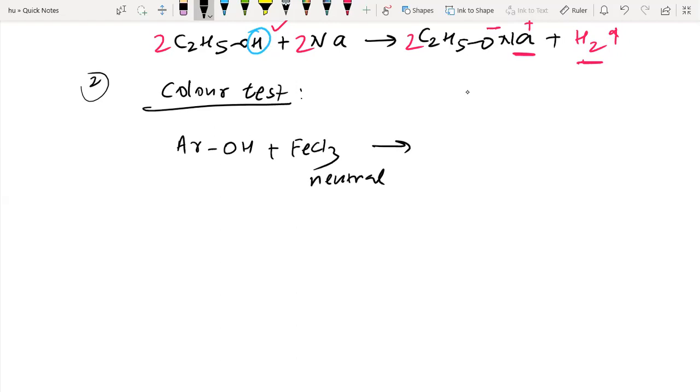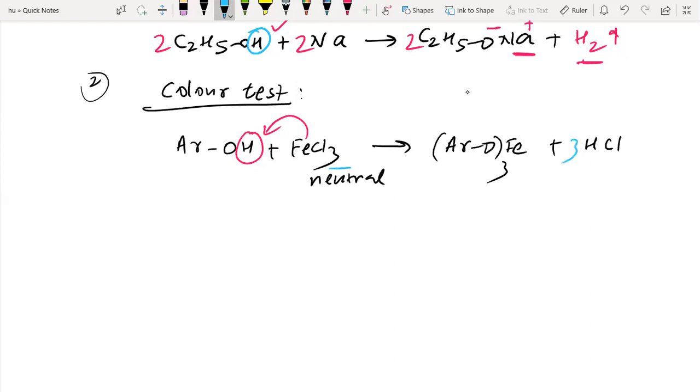In this reaction, in the same way, this hydrogen is replaced by Fe. So the product we get is ArO, and in place of hydrogen we have Fe here. As you know, the valency of Fe is 3, so thrice we have to write, and plus HCl is going to form, but on the left side Cl is 3. So obviously 3 HCl is going to form now.